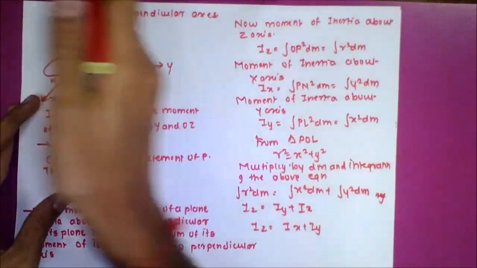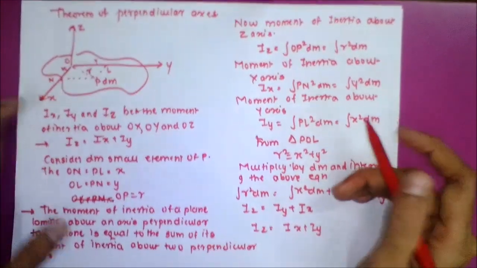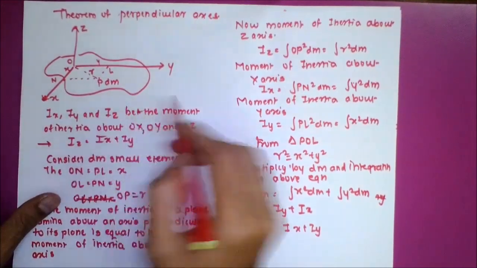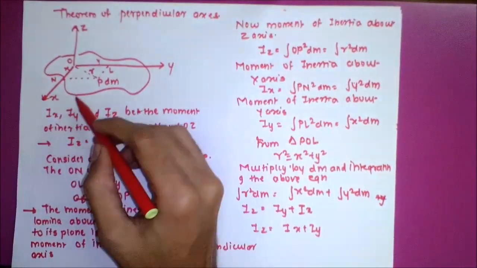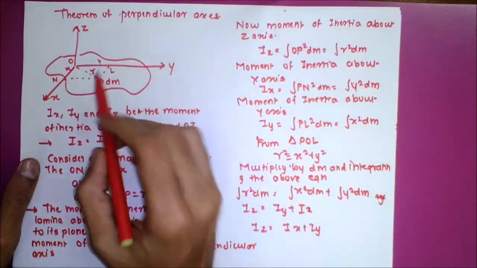So the moment of inertia about one axis will be equal to the sum of the other two perpendicular axes. So consider we have a planar lamina like this, a body of mass m.